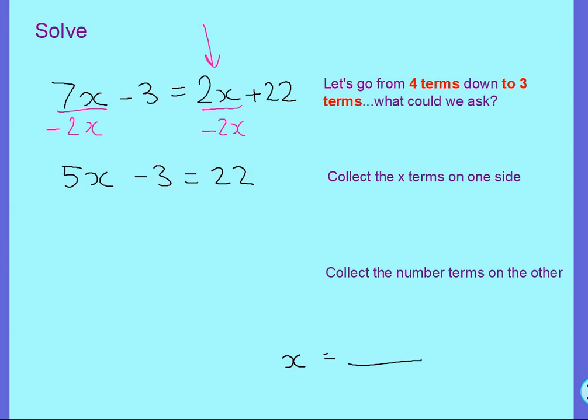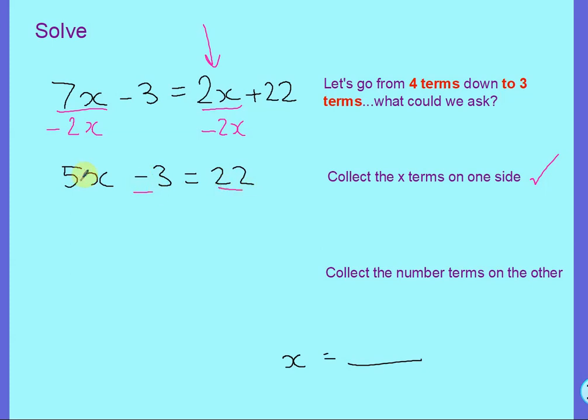Now, what I don't want to see, especially this early on, is people skipping any working. If it doesn't look as good as mine, it's not good enough. Very simple. Okay, so now the x's are on one side. Check. Now we need to get the number terms on the other. So we're going to go from 4 terms to 3 terms to 2 terms, and here are the number terms.